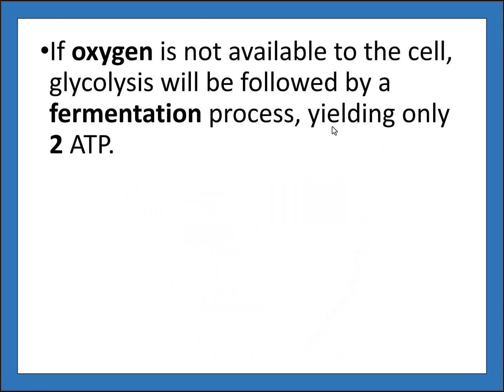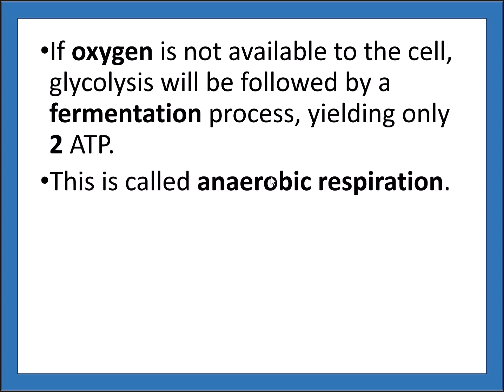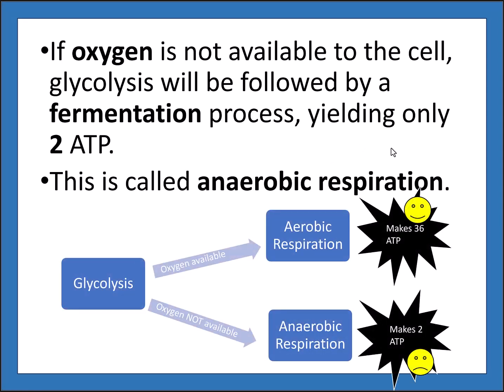If oxygen is not available, then glycolysis will be followed by a fermentation process, and only 2 ATP are going to be used. This process is known as anaerobic respiration. So in this entire process of cellular respiration, the making of energy or ATP from glucose, both the aerobic and anaerobic respiration start with glycolysis.